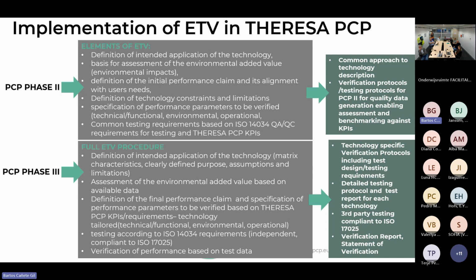This could be also data that Luna will be talking about in a moment in her presentation, referring to the sustainability aspects. The definition of the final performance claim and the specification of the performance parameters to be verified, because this will be technology specific depending on what actually the technology is intended to do with the hospital wastewater.